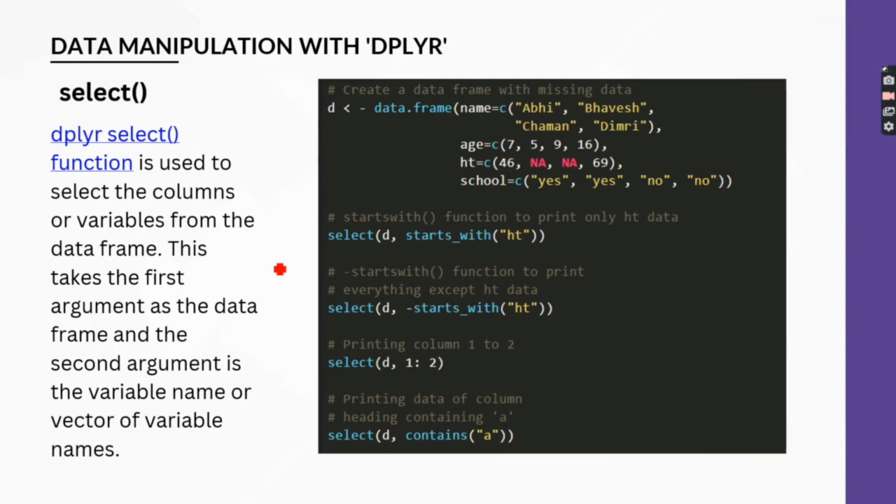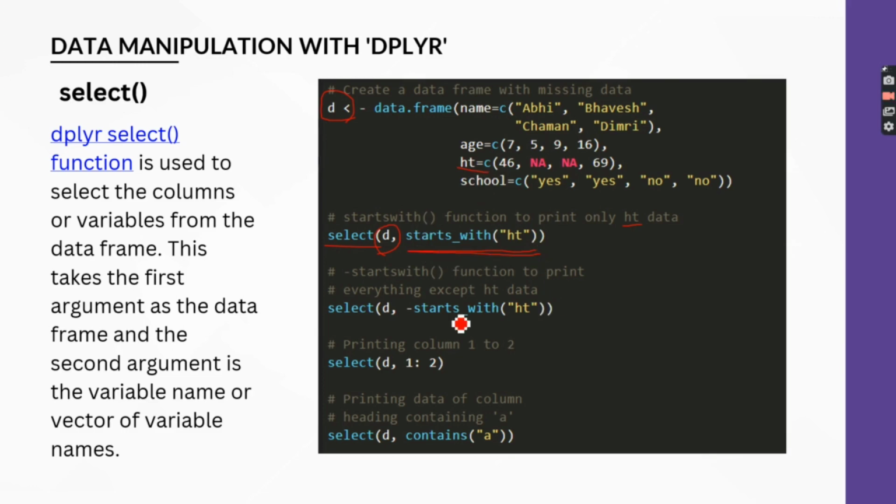Now we are going to understand what select does. Select is used to select columns or variables from a data frame. We tell select which data frame we are going to work with, and then we tell select how to select, in what parameters. Our data frame is defined here as df. We are using the select function to print only the HT columns, those that start with HT.